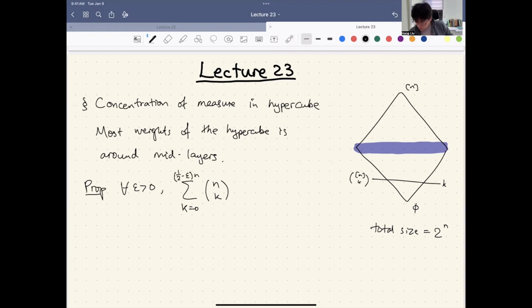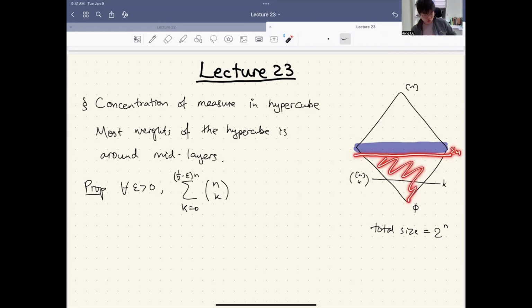So just right below the mid layer, epsilon n distance, this is negligible. Actually, exponentially small.